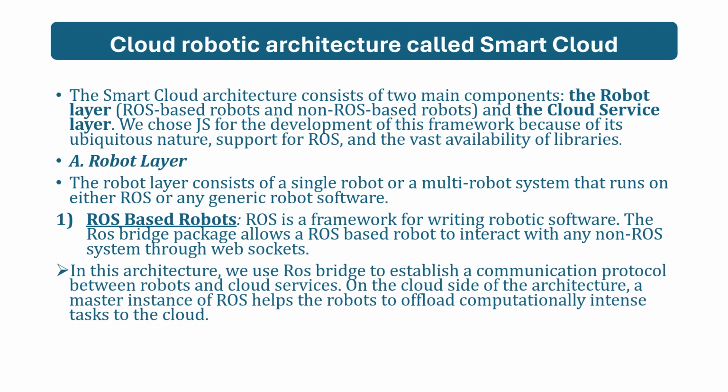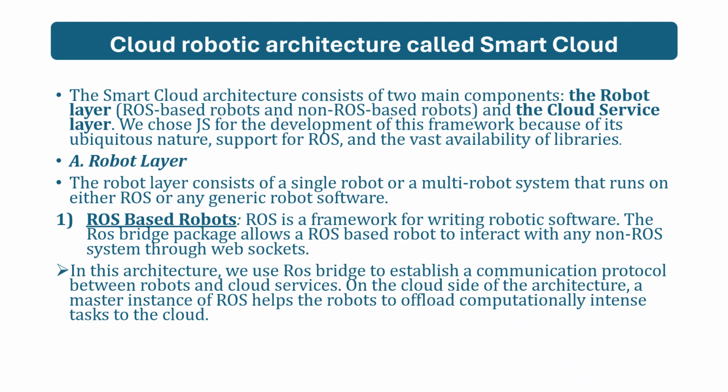Next, in this architecture, I told you that there is a ROS bridge which is used to connect robots and the cloud service, because the cloud layer is in the middle. What is the purpose of a bridge? It is used for communication between the robots and the cloud layers. Whatever services the cloud is providing, the robots, the clients, can access those services.